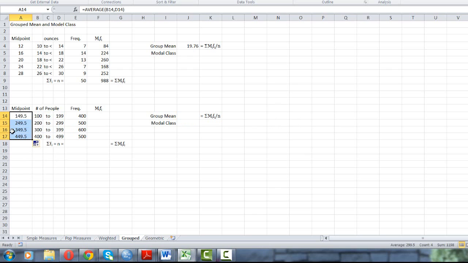Okay, so now those are our midpoints, and so now we just multiply the midpoint times the frequency. So now it's just like we did before.